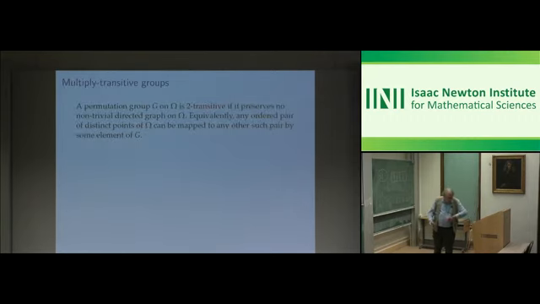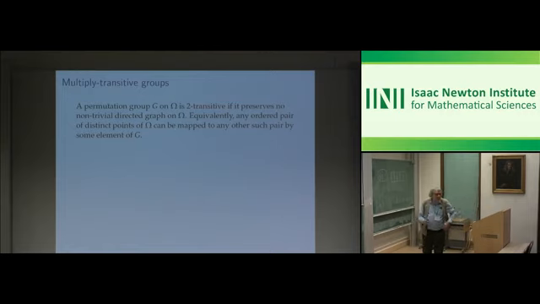Right, so when the classification was proved, a number of problems that had been absolutely untouchable before suddenly all fell, including the classification of the multiply transitive groups. So a group is 2-transitive if it preserves no non-trivial directed graph on omega.